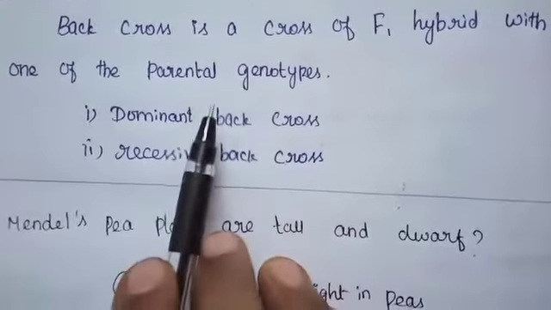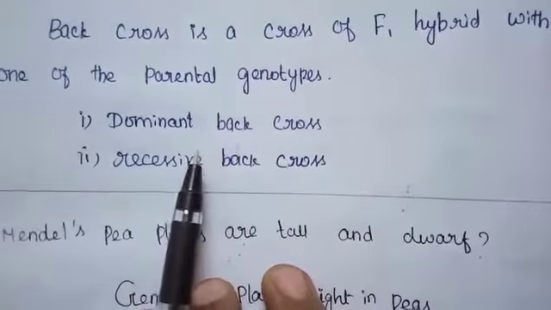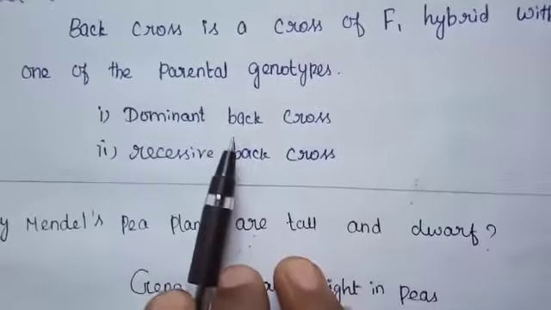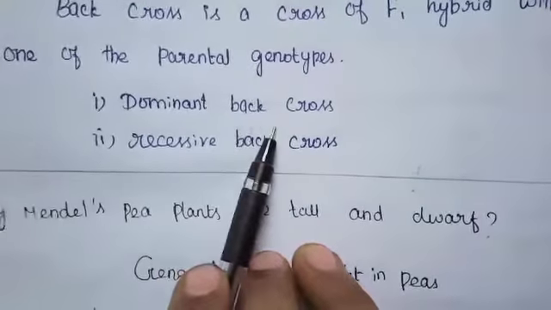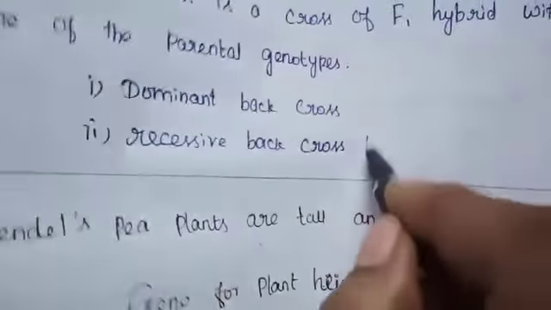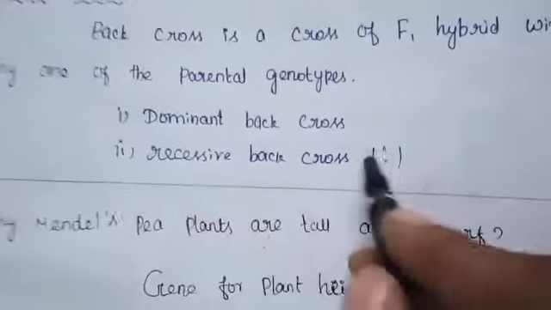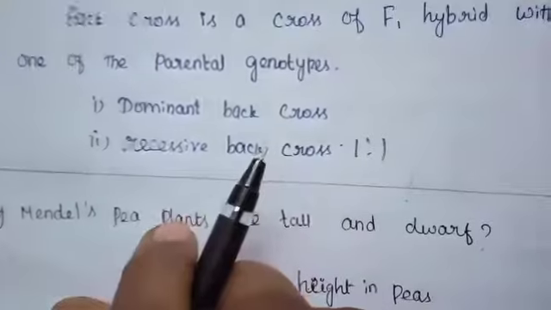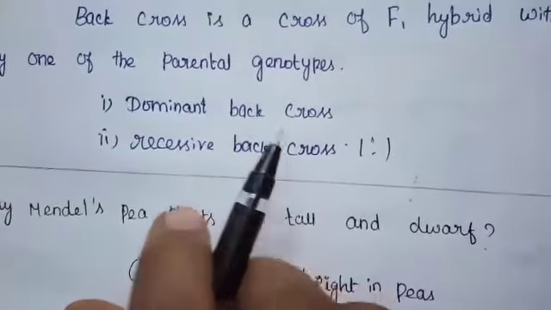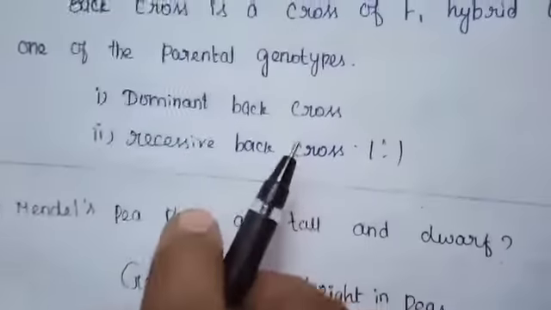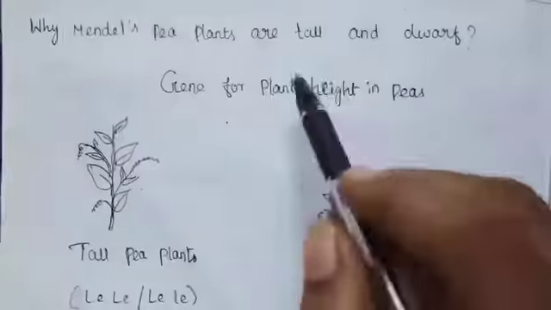If the F1 hybrid is crossed with the recessive parent, individuals of both phenotypes appear in equal proportions, 1:1. This cross is the same as the test cross. So the recessive backcross helps to identify the heterozygosity of the hybrid.